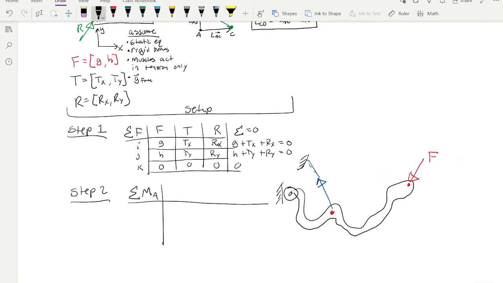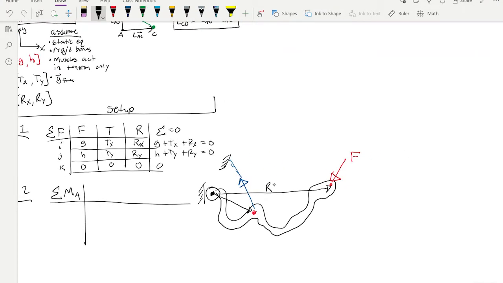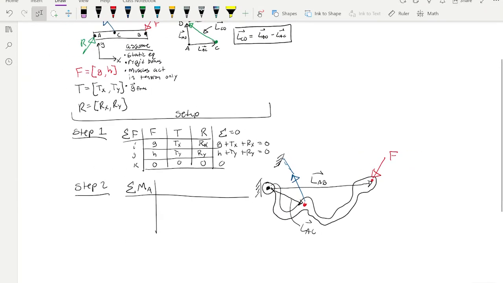All we care about to find moments is the pin location to the point the force acts. So we care about this, and this is described as L A to B above, and this one is described as L A to C above. We don't need to take into account anything else because we're assuming this bone is perfectly rigid.